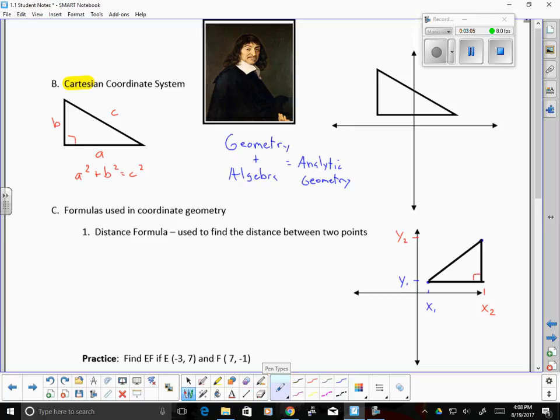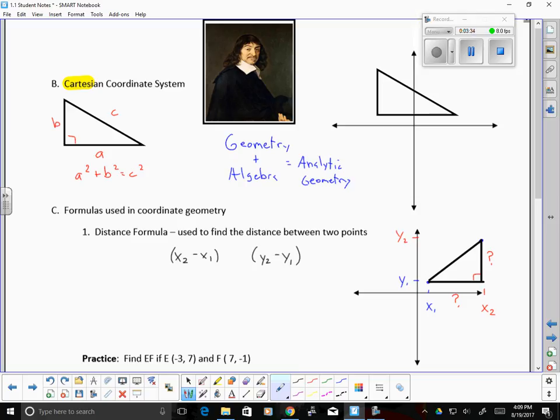How far is this distance from x1 to x2? That distance can be measured along any number line using subtraction, so we take x2 minus x1. Then how far is this distance out on the right? That's the difference in the y values, found by taking y2 minus y1.